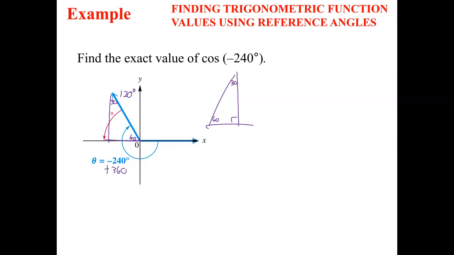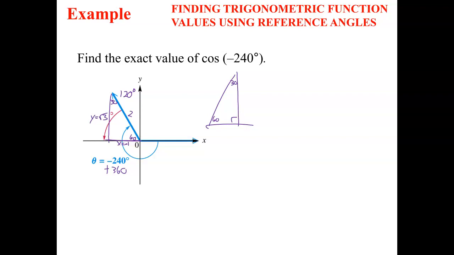It's x, but what's the measure of x going to be? 1. But I'm in quadrant 2. What do I have to remember in quadrant 2? X is negative. Try and draw a little negative. X is negative 1. What's the measure of y? Square root of 3. What's the measure of r? 2. Every single time, 30, 60, 90 triangle: the short side is 1, this other leg is root 3, the hypotenuse is 2.